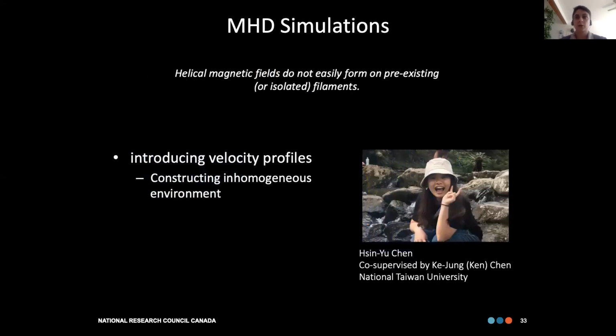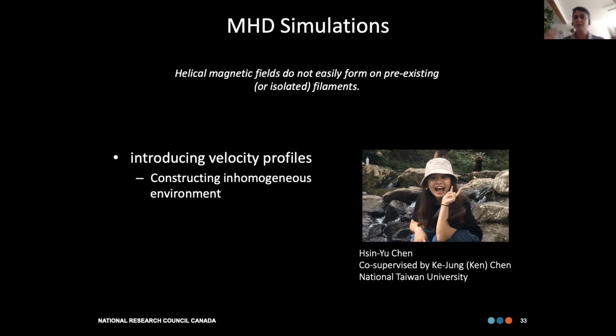So with my summer student at National Taiwan University, Xin-Yu Chen, I'm sure I'm mispronouncing her name, who is co-supervised by Ken Chen at the National Taiwan University, we are introducing an inhomogeneous environment to the filament.